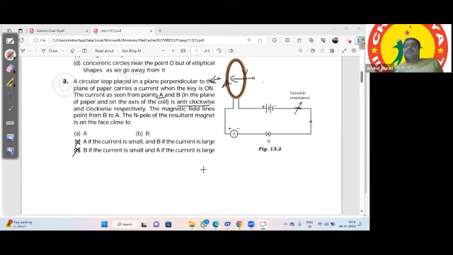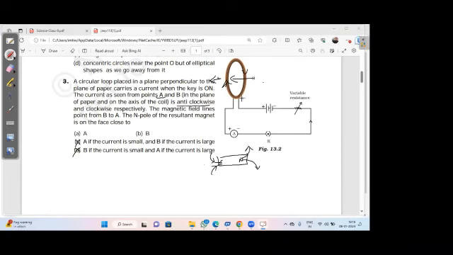Okay. See, when we draw a magnet, here we draw the north pole, here you draw the south pole, and how you make the field lines. The field lines come out of the north pole and they enter the south pole, right?